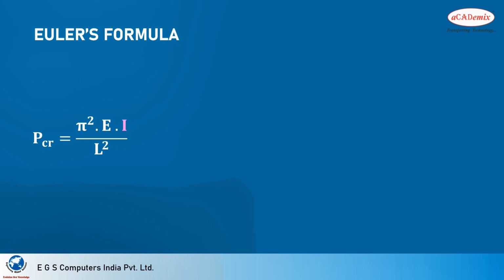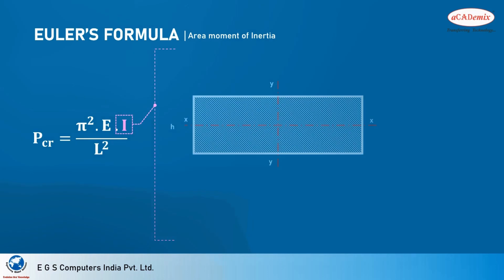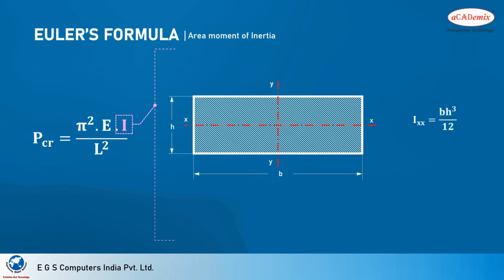Okay, let's go through each term. I is the area moment of inertia. We can consider a rectangular section with a width b along x-axis and breadth h along y-axis. The area moment of inertia about x-axis is given by b h cubed by 12.